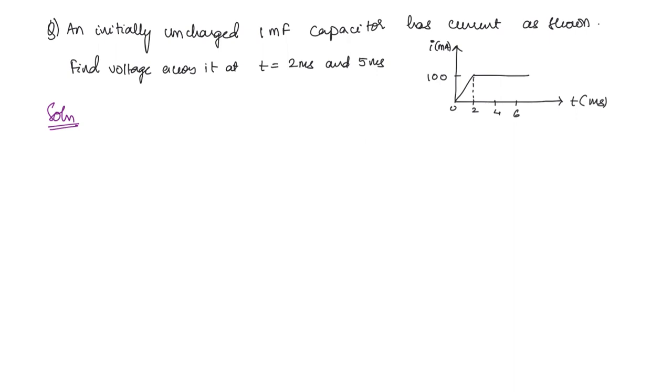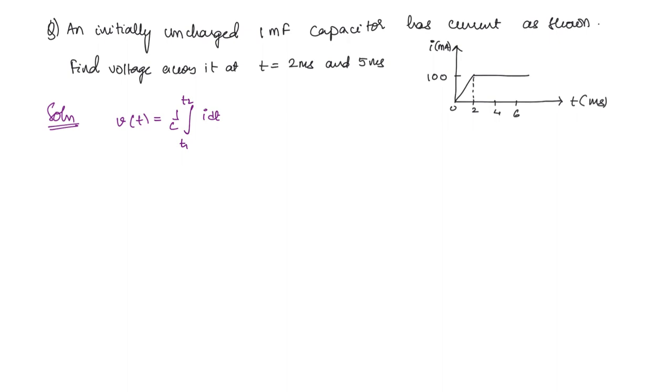So what is the voltage? Voltage is equal to 1 by C integral of I dt from t1 to t2. If limits are taken, we don't have to worry about the constant. Now I of t from 0 to 2 milliseconds has one relation, and from 2 to 6 milliseconds there is going to be another relation.